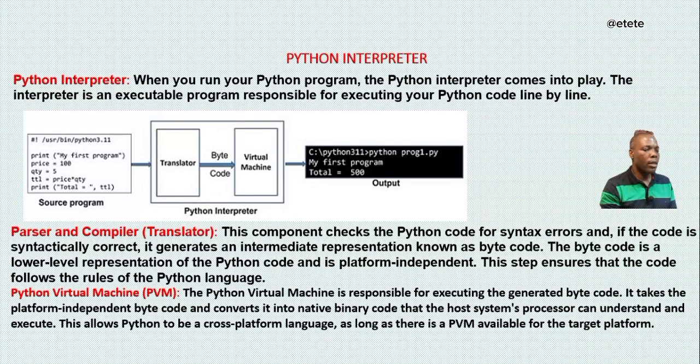That is the difference. Looking at this diagram, you have your source code. This is the program that you have written using the Python language, following the syntax. The interpreter's job is to look at your syntax and be sure that everything is accurate.